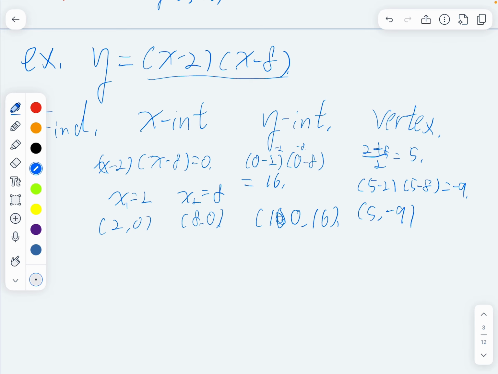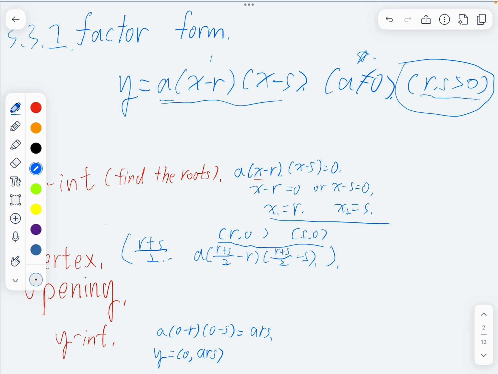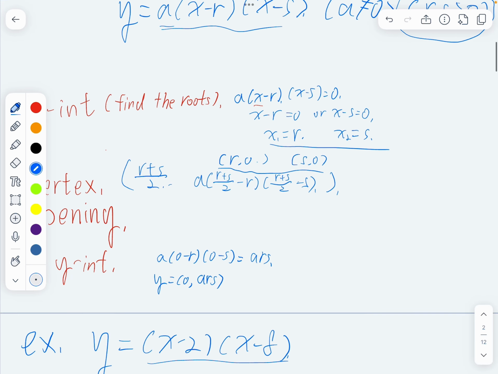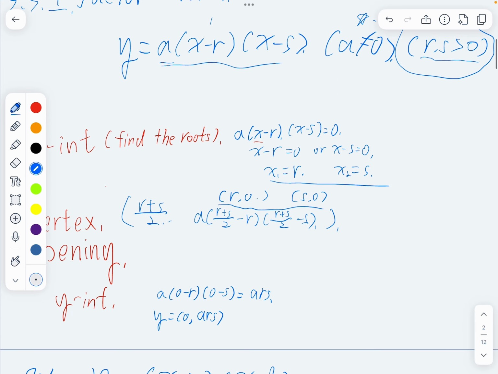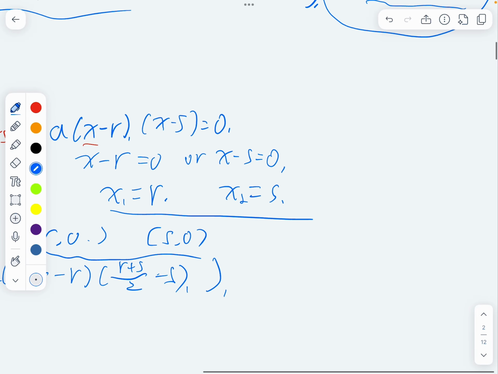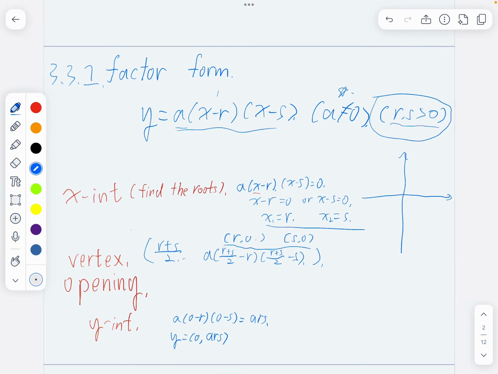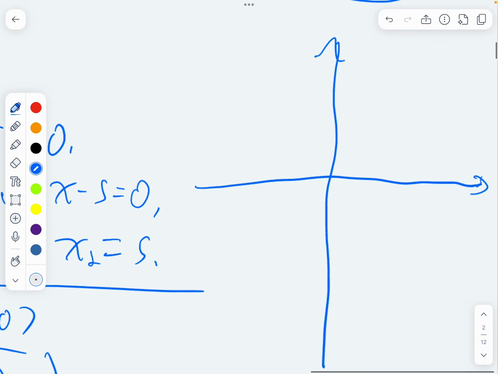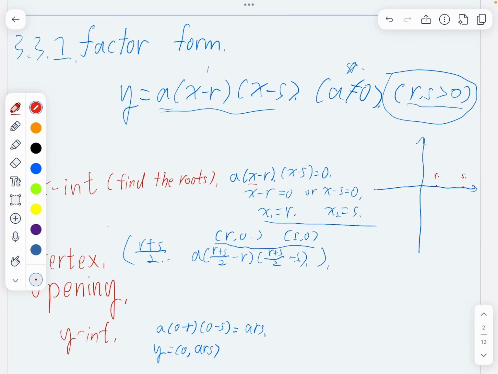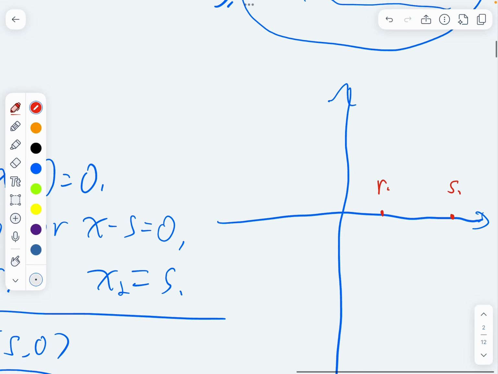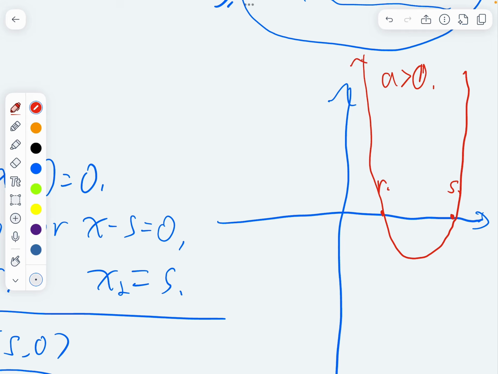Now I think for the final step we can draw the graph. We can put these numbers in as r and s. If a is greater than 0, it opens up, it's going to be like this.